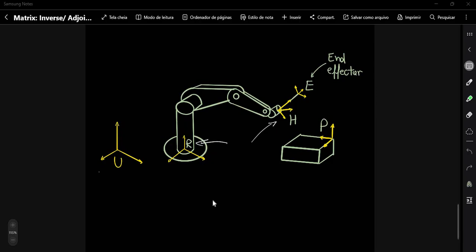So, in the previous videos, we were talking about operations with matrices. We revised how to calculate the determinant of a matrix and the inverse of a matrix, and we focused on how to calculate the inverse of a matrix because we use it in transformation equations.